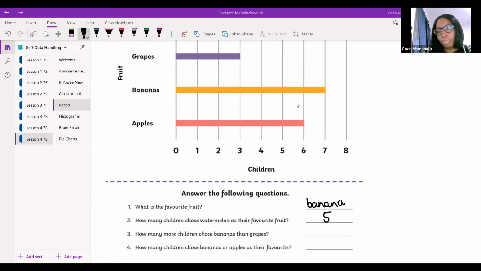What is the difference? We're looking for the difference between grape and banana. How many kids is that? From here to there. 4. 4, exactly. So 4 more kids chose banana than grape. You see what we're getting at? Excellent. Well done.